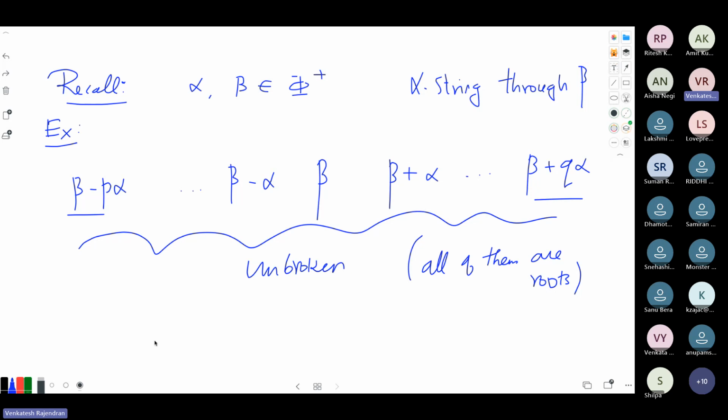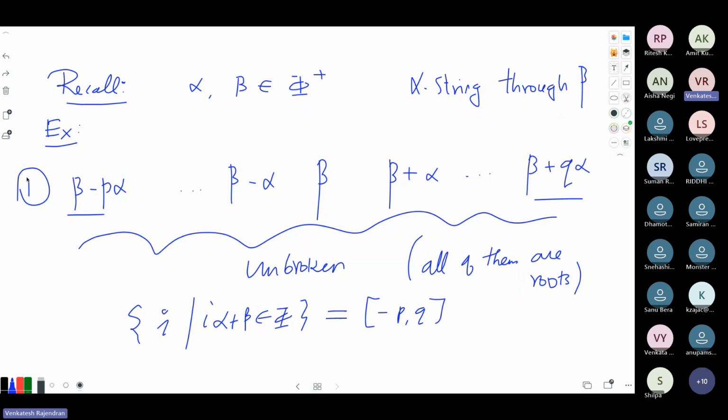What I mean by that is: those i such that i alpha plus beta is in phi, as a subset of the interval from minus p to q, should be equal to it. That is what the first version of the string property says. The second version gives you the formula for actually computing this p and q.